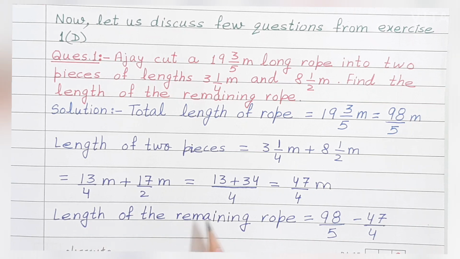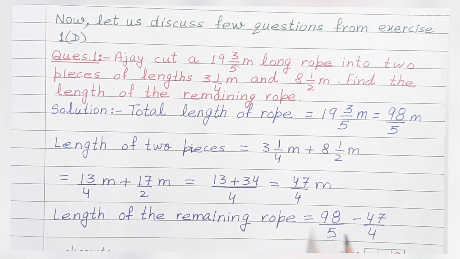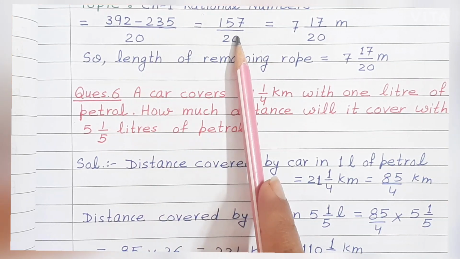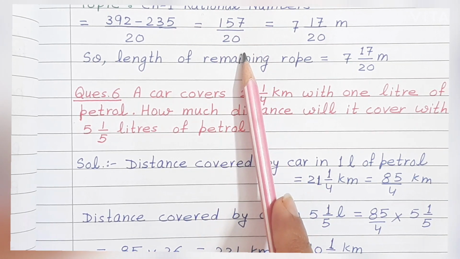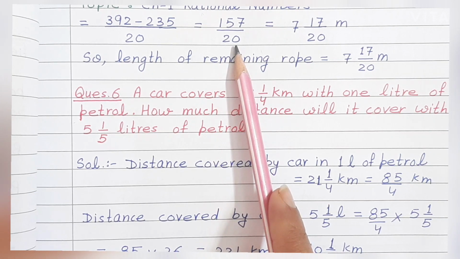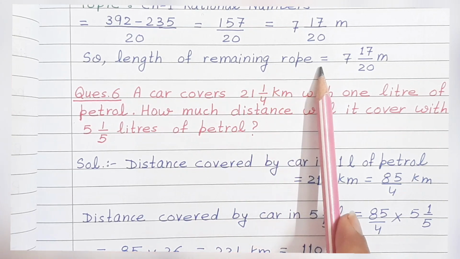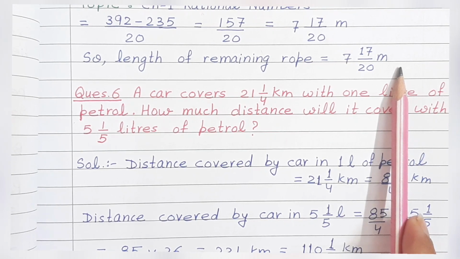So length of the remaining rope is total length, that is 98/5 minus 47/4. Now let us take the LCM and solve this. So after solving this, the answer is 157/20. Now after converting this into mixed fraction, the length of remaining rope is 7 17/20 meter. I hope it is clear to everyone.